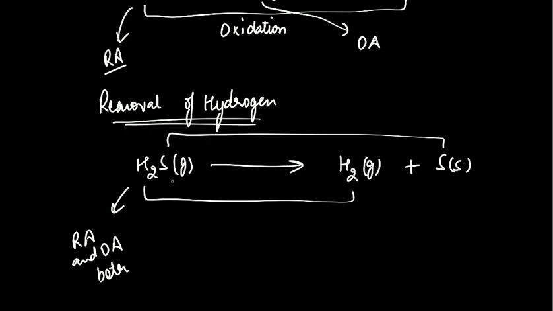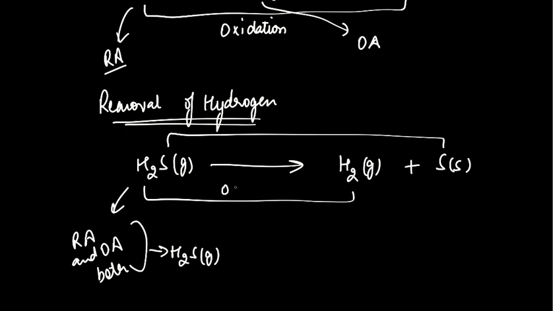But if you are going to answer the question of what the oxidizing agent and reducing agent in this chemical reaction are, the answer will be H2S is acting as the oxidant and the reductant both, because we don't have any other reactant over here.